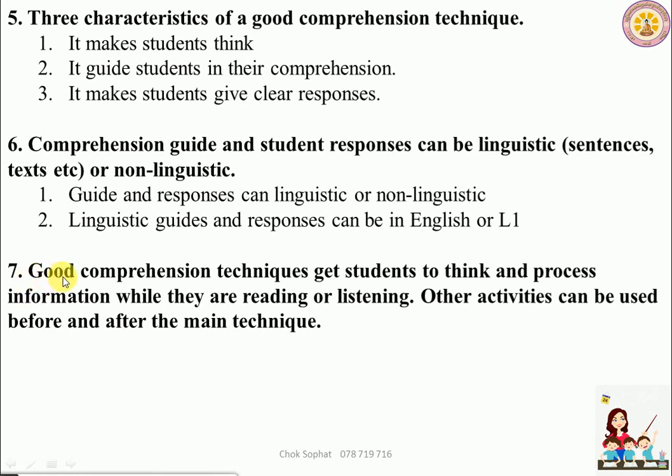Number seven, good comprehension techniques get students to think and process information while they are reading or listening. Other activities can be used before and after the main technique. So this point one here, good comprehension techniques get students to think and process information. So when we teach comprehension, reading or listening, we have to find good techniques that can motivate students to think about the topic.